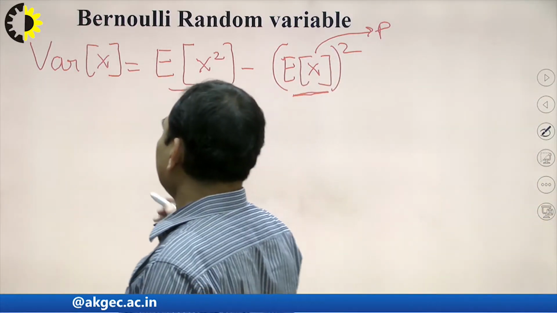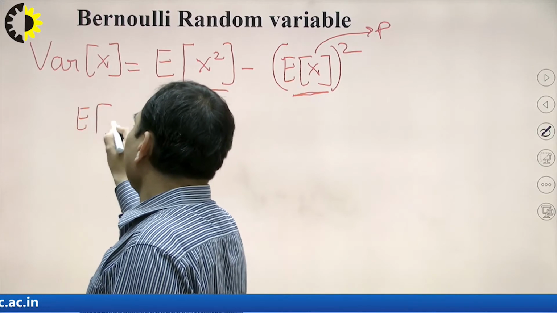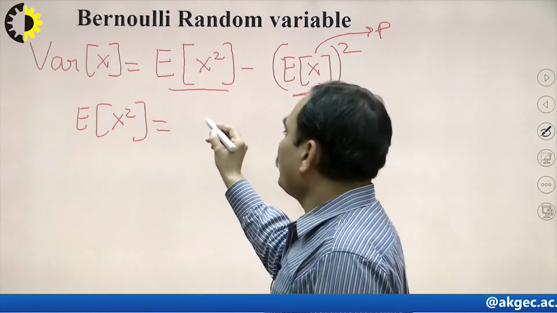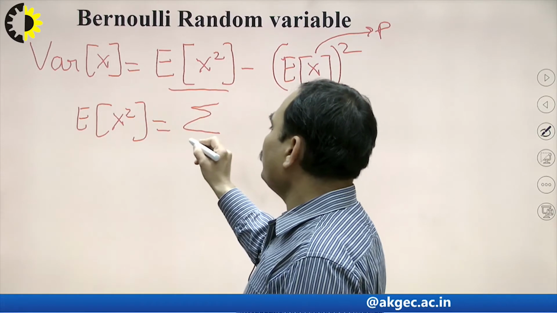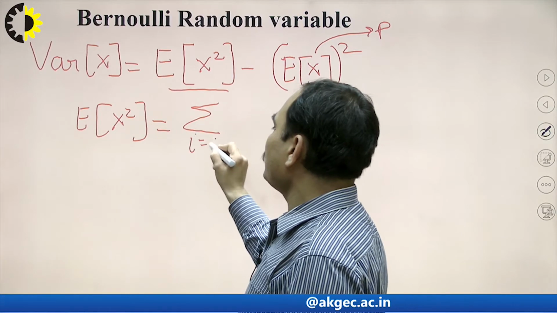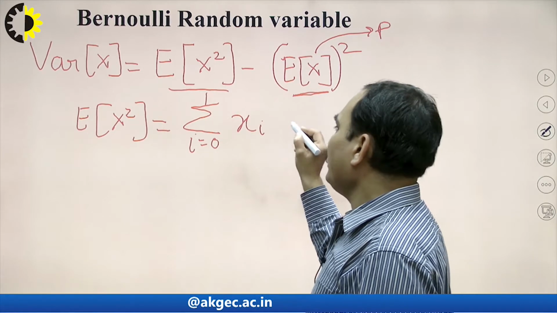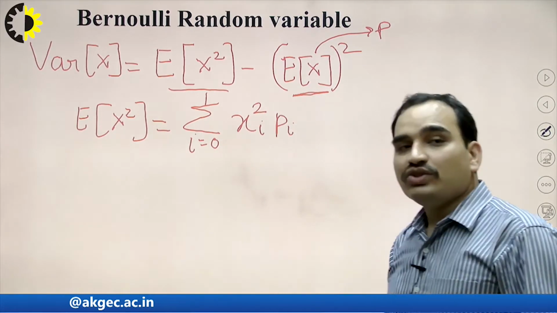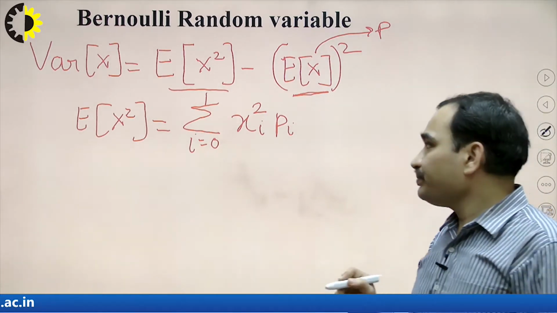For a discrete function, the expectation of x square equals the summation, and since we have only two values, i equals 0 to 1, of xi square pi. Using this formula we can calculate the expectation of x square.